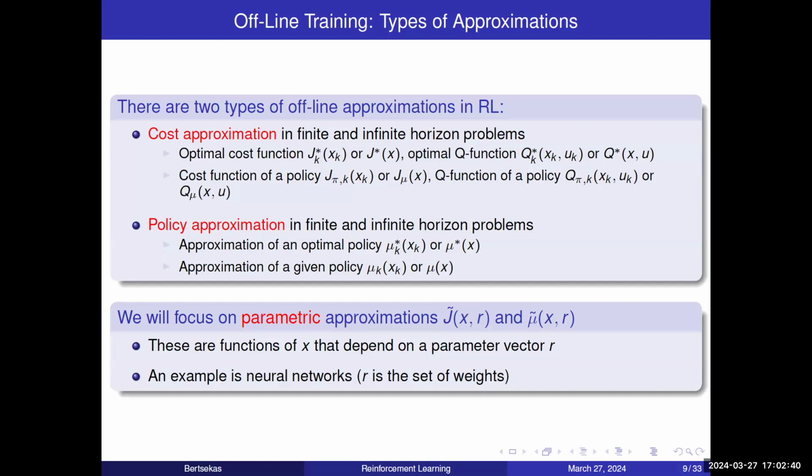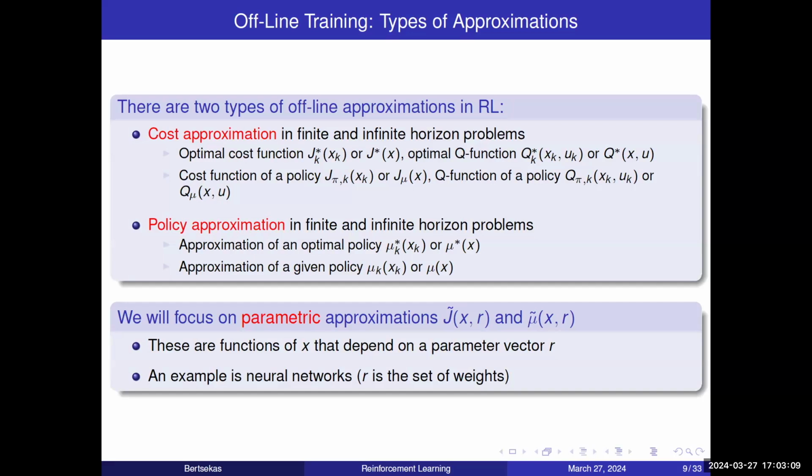Let's say we already use like a neural network to approximate the cost. Under what circumstances you need to use more than one neural network in your example? For cost function. Yeah. So suppose you are solving a shortest path problem, and you formulate this shortest path problem as a finite horizon problem.